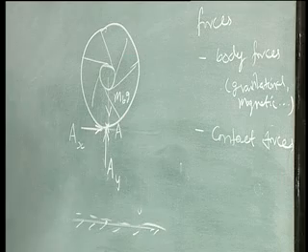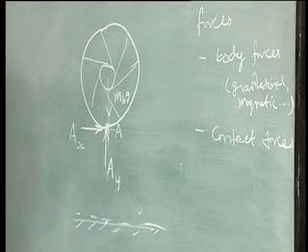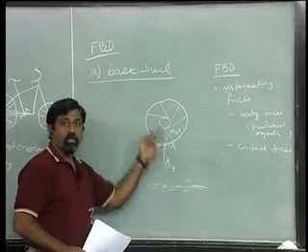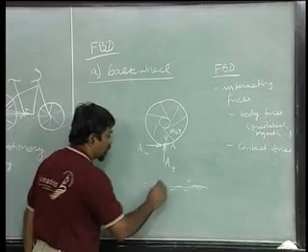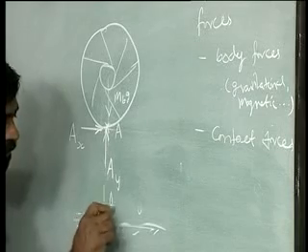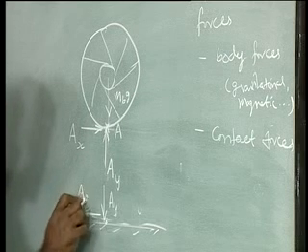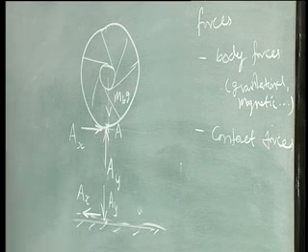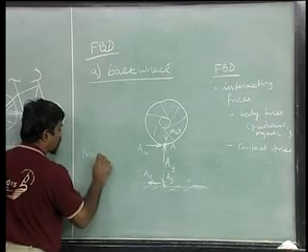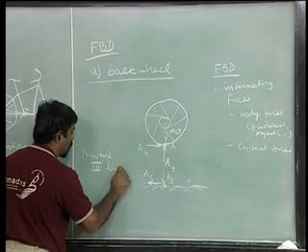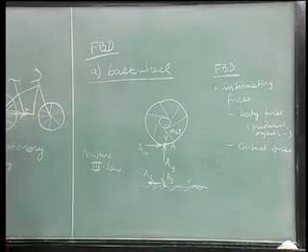Okay. What is this? These are the two reactions that appear due to ground interacting with this. Opposite will be the directions of these forces on the ground. What have we used here? We have used Newton's third law in order to draw this particular diagram.